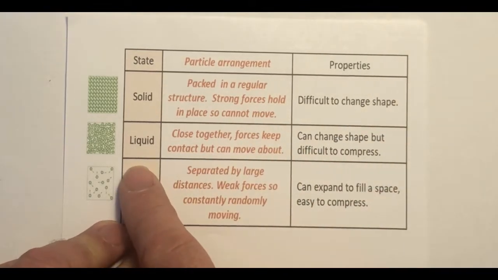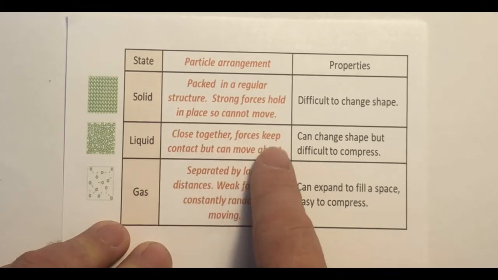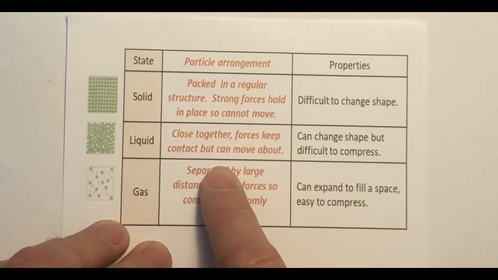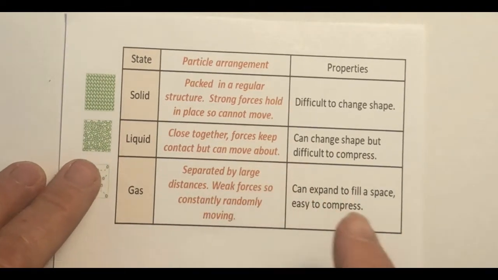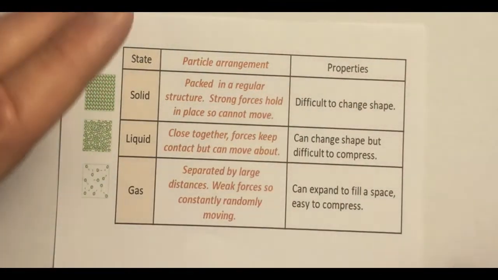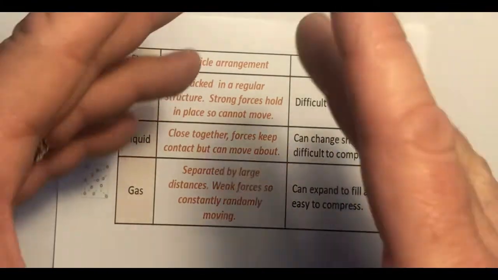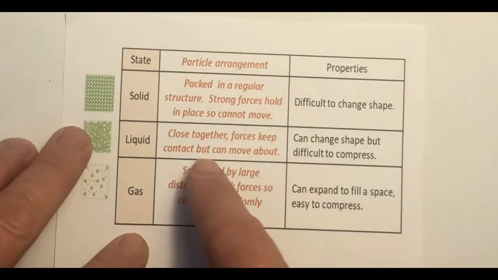In a liquid, the particles are close together and the forces keep contact, but they can move around. Think about students out of lesson time, milling around on the playground or the concrete. They're all moving around randomly, but they're also quite close together.